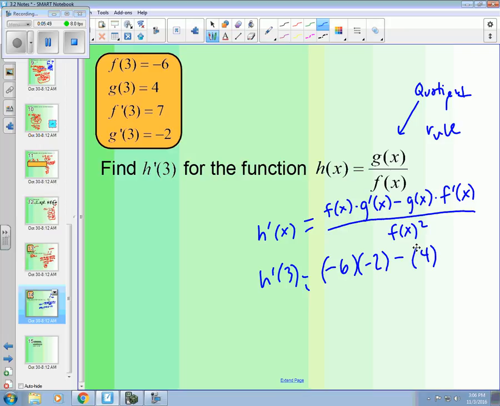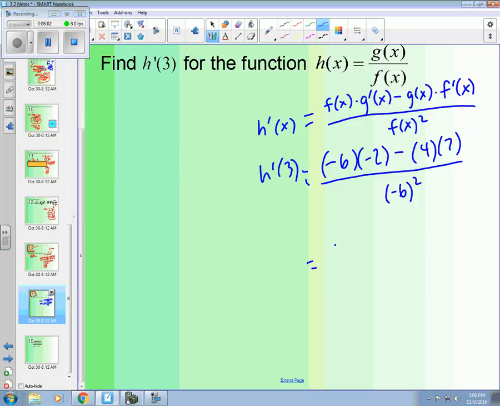The derivative of f at 3 is 7, all over f at 3, which is negative 6, and then that's being squared. So now again, just simplify using a little bit of arithmetic, we can find the answer.